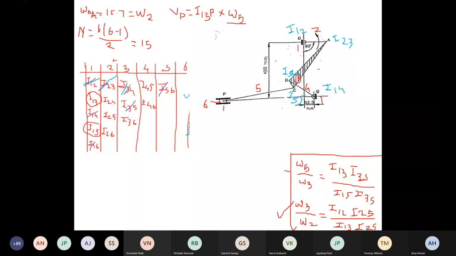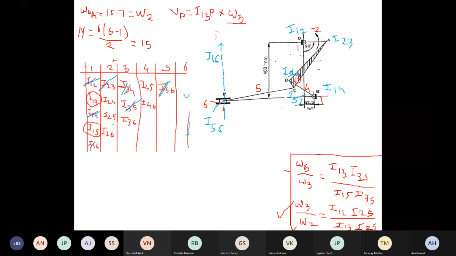I35 हो गया. I14 हो गया. Now next at P, यहाँ पे I56. Correct. And 1 with respect to 6 is your slider. Perpendicular to the motion of slider is the ICR I16, which is at infinity.